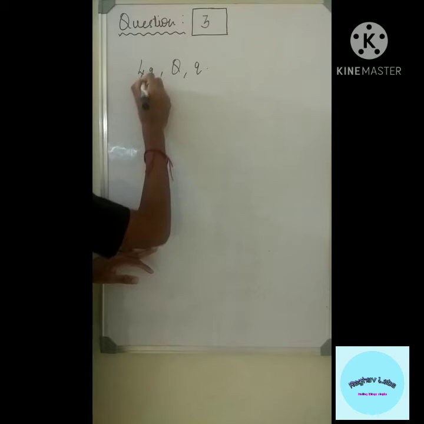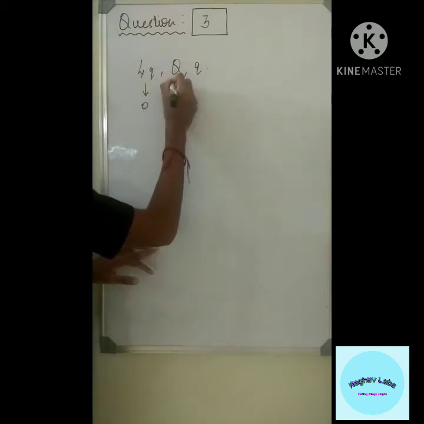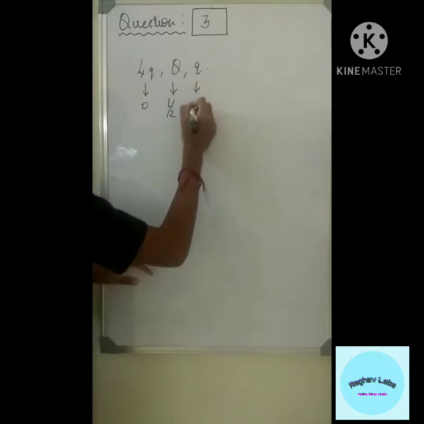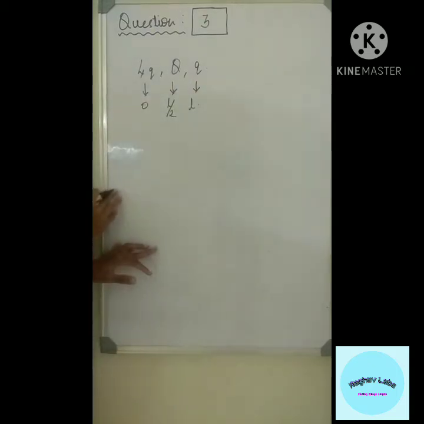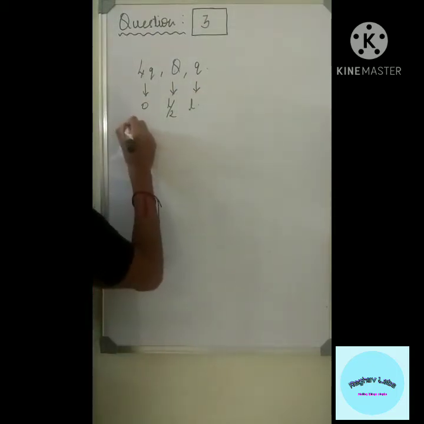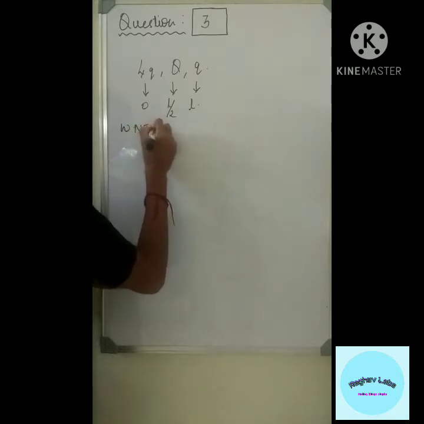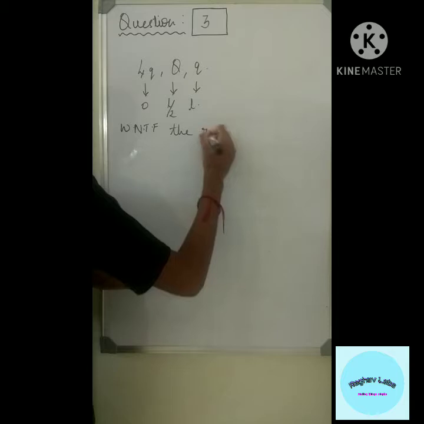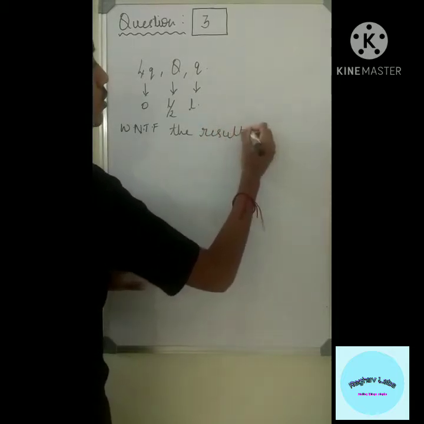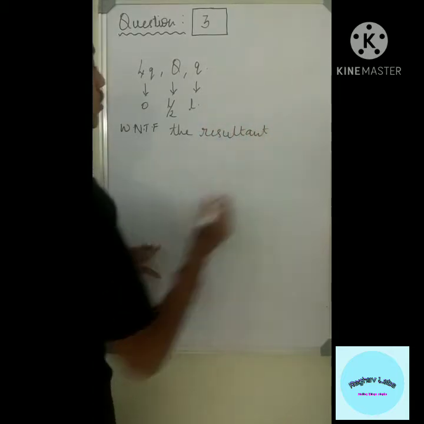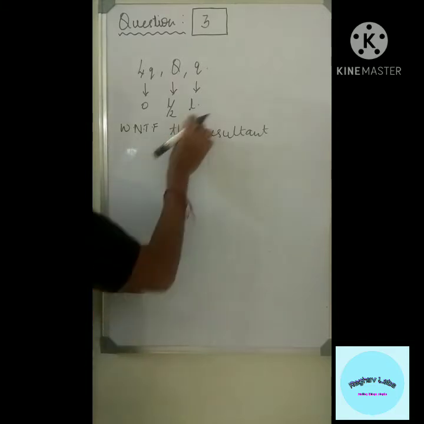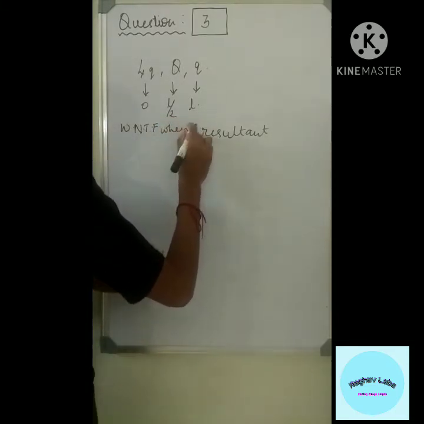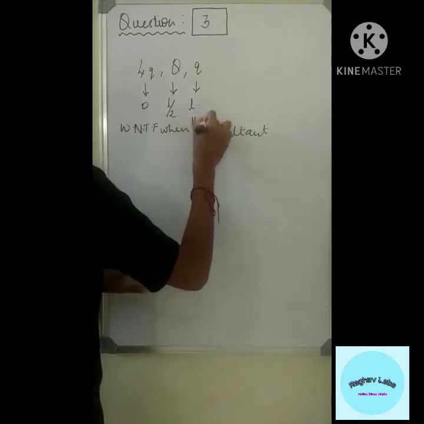Okay, we are given three charges. 4q lies at 0 and Q lies at L by 2 and small q lies at a distance L from 4q. We need to find the value of the charge big Q when the resultant force on small q is 0.